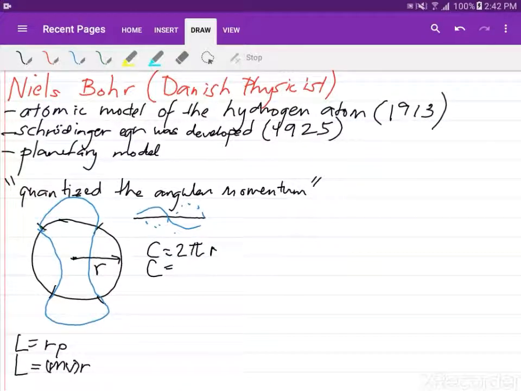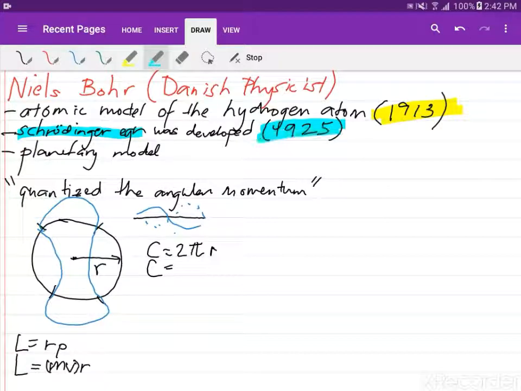Okay, so let's introduce first Niels Bohr. Niels Bohr is a Danish physicist, and he developed an atomic model of the hydrogen atom in 1913. So take note that the Schrödinger equation was developed later on, in 1925.